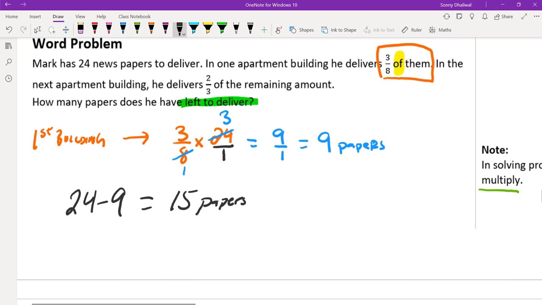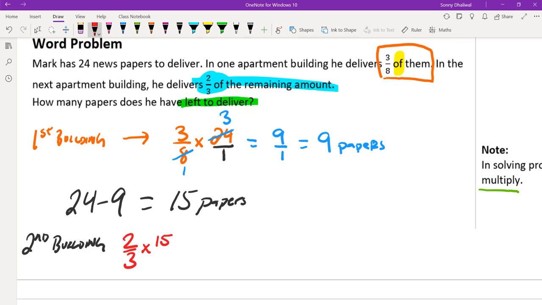Right? So now he enters the second building, and he's delivering 2/3 of what he has. So once again, the word of means to multiply. 2/3 of 15. So 2/3 times 15, or 15 over 1, if you want to write that as a fraction.